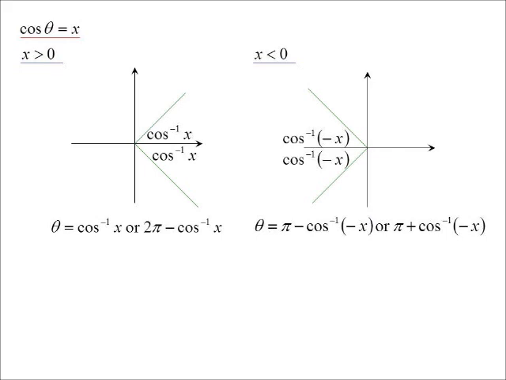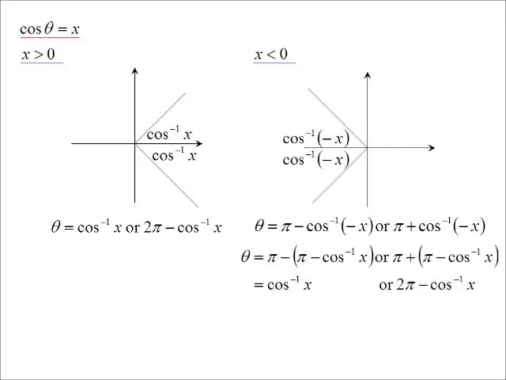Now our relationship for inverse cos negative x, if you remember, was inverse cos negative x was pi minus the inverse cos of x. So this will become pi minus pi minus inverse cos of x, which just ends up being inverse cos of x, same as our first solution. The second one becomes pi plus pi minus inverse cos of x, 2 pi minus inverse cos of x, again, same as the second solution.